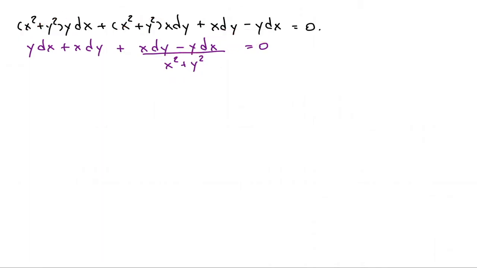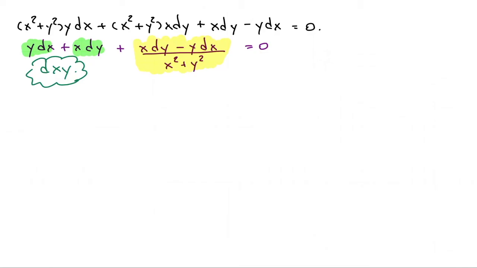And as you can see, guys, this is pretty simple. y dx plus x dy. So we know that this is d(xy), right? The tricky part is this term, which is a little harder to see.